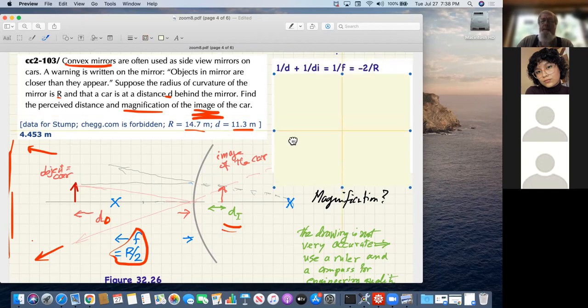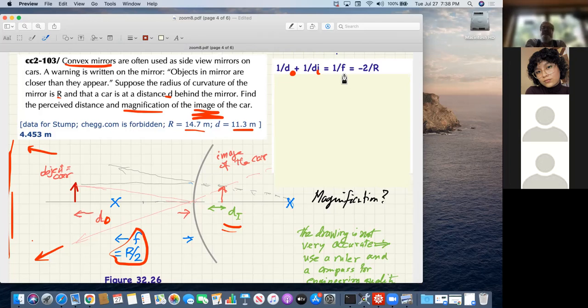Well, you have this equation, which is valid for all kinds of reflections and also for lenses. 1 over D plus 1 over DI is equal to 1 over F. Or I could say this is 1 over DO plus 1 over DI is equal to 1 over F. And that equation is valid for both reflections and for lenses.